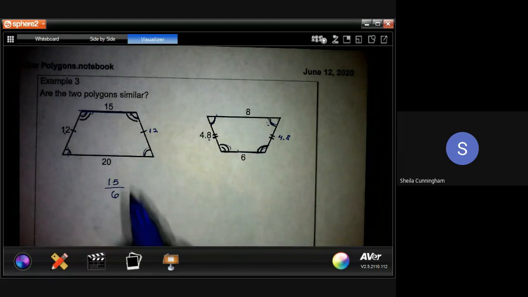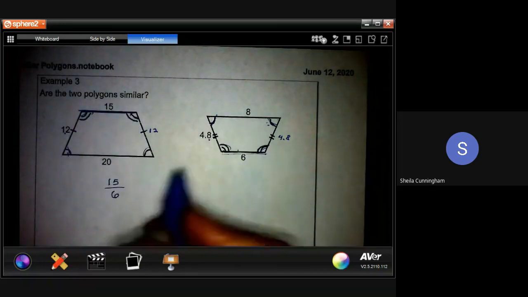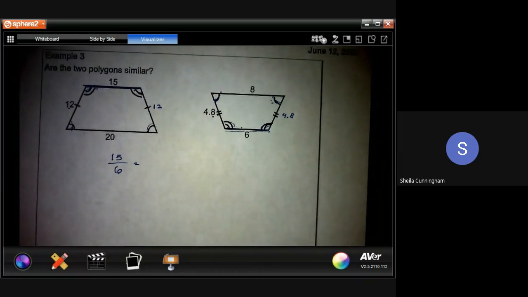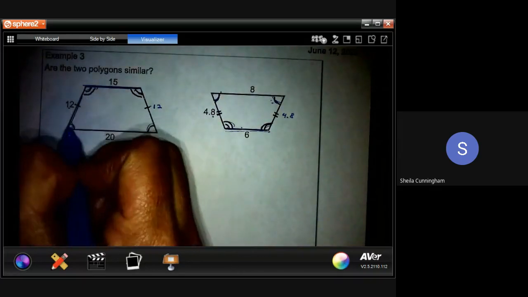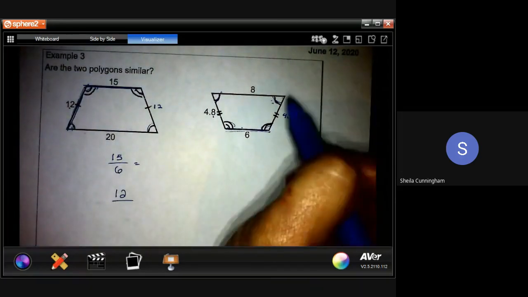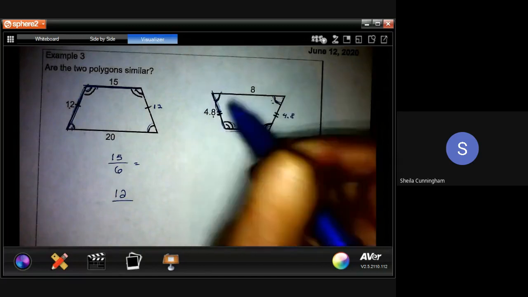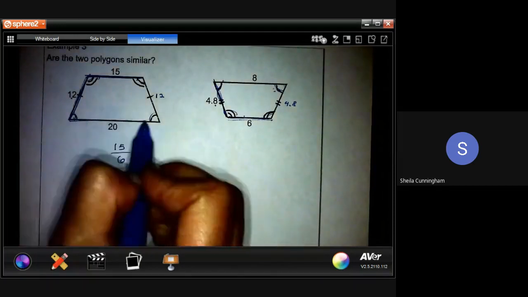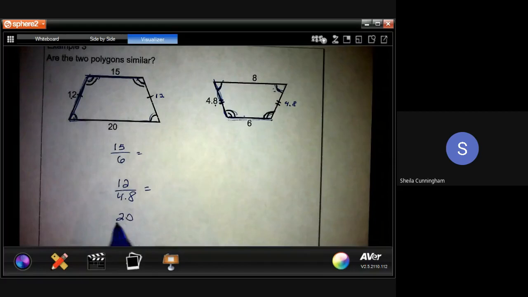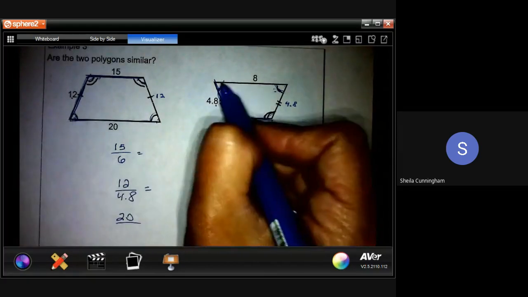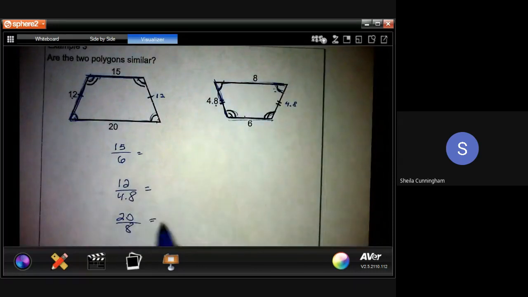So I'm looking at 15 to 6. The side here being 12 corresponds with these sides over here, which is 4.8. And the last one at the bottom is 20, but because of the tiny tick marks of the angles, it corresponds to this top one, which is 8.